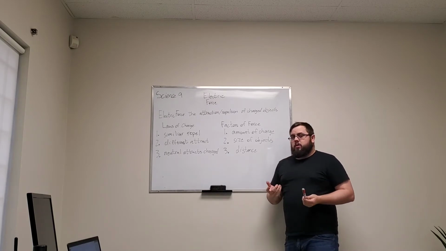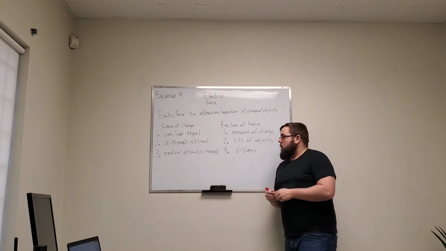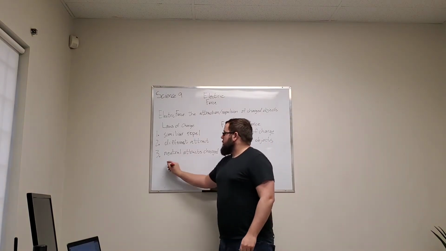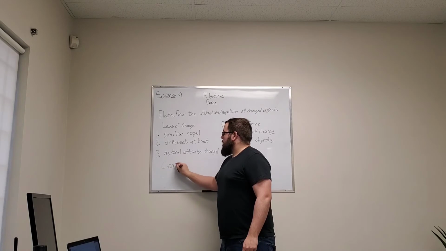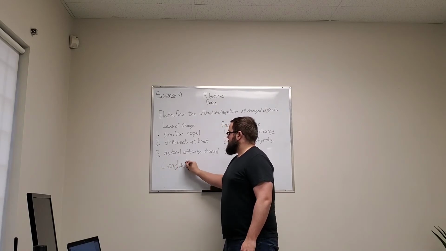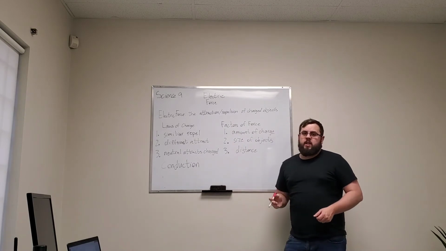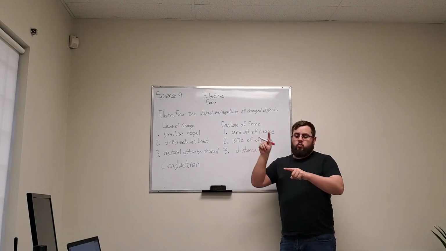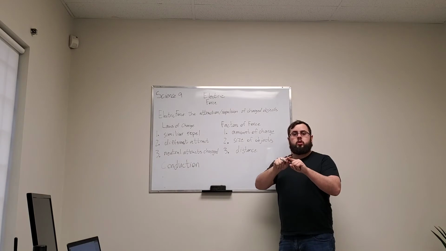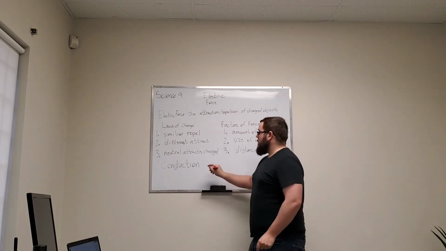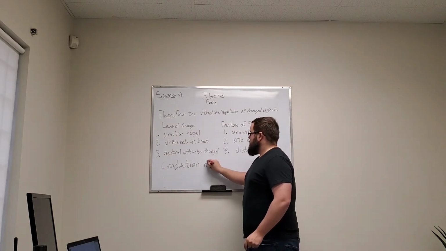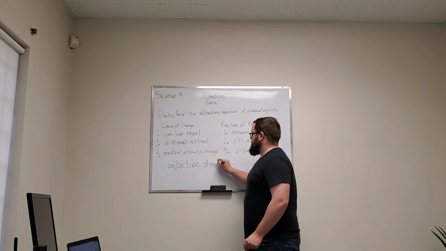Now, when we want to charge an object, there are two different ways to do it. One of the ways is called conduction. This is just a fancy way of saying you take your charged object and you directly touch it to your uncharged object. So conduction is direct contact.